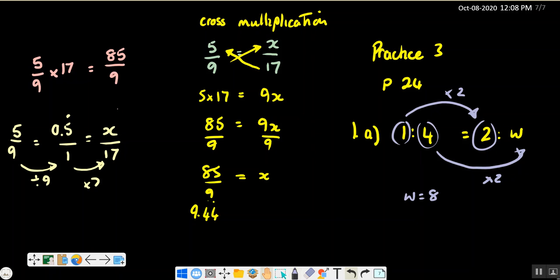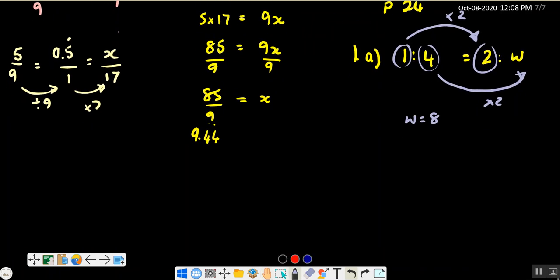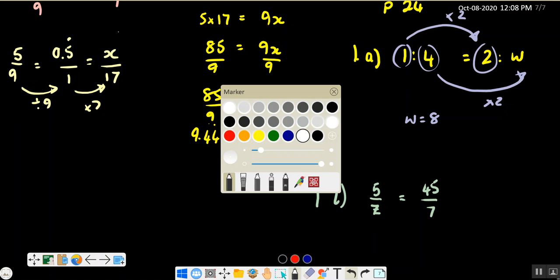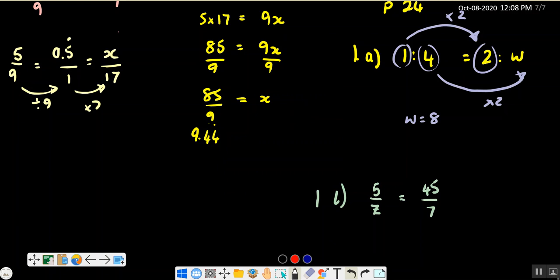Let's check then. If I go up to a different question, question 1L, which is 5 divided by Z is equal to 45 divided by 7. What method would you guys choose to do that one? Tristan, what would you do as your first step?